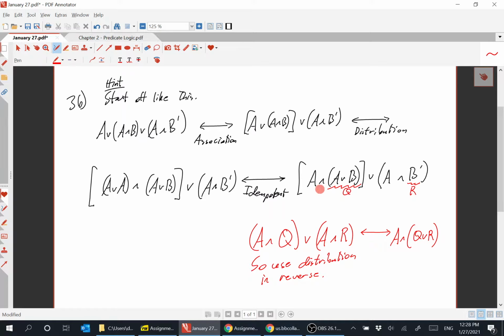What you don't want to do, I think maybe what you were doing, was distributing this through here, A and A or A and B, which gets you back to something similar to that. So that's the next step you want. But don't use the letter Q or the letter R. Q is this thing, R is this thing. But since Q and R aren't just one symbol, maybe it threw you off a little bit. So that's step one, that's step two, this is step three, and then from there, you should be able to work it out.